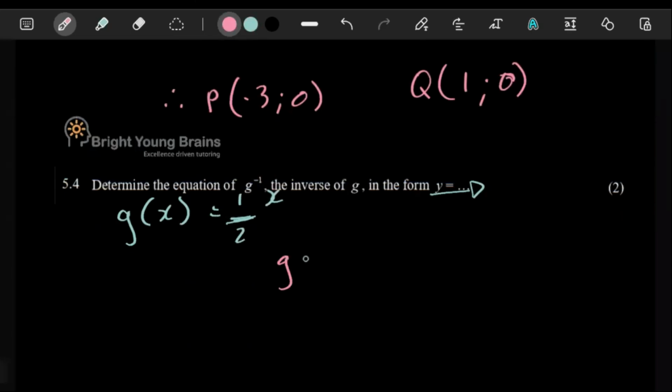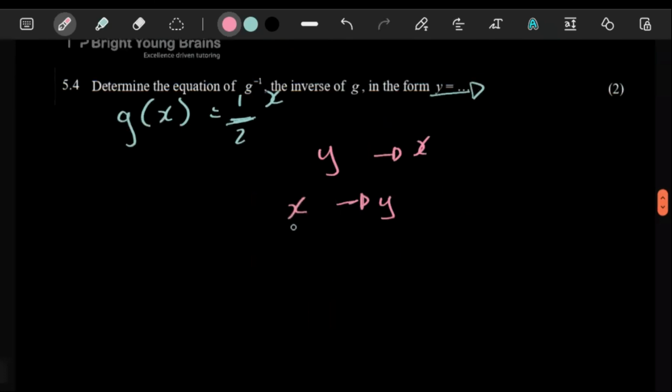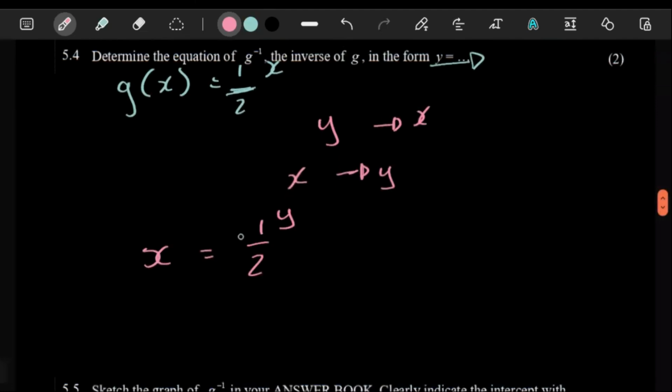So let's just say it like this. Y becomes x, x becomes y. So that being said, here we can easily put an x there, and this we can make it to the power of y. And then, because we're trying to get the inverse, remember, we're trying to isolate the exponent.